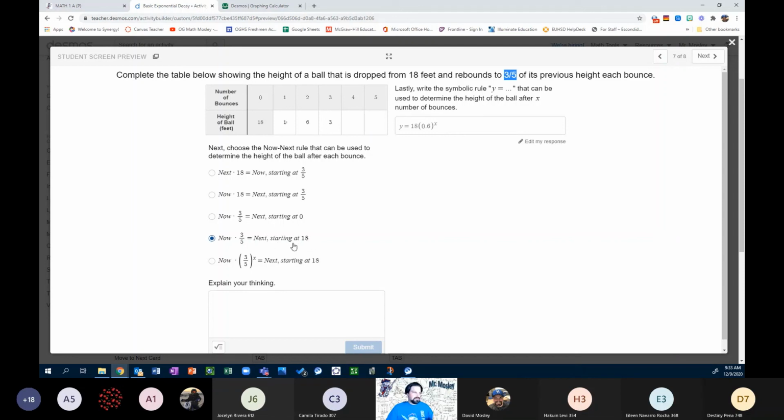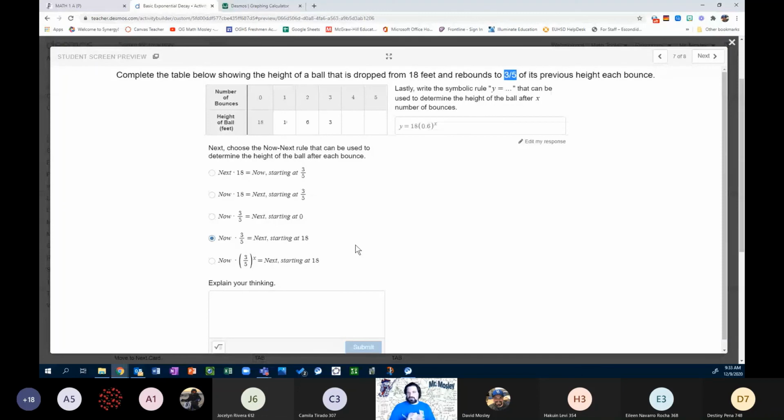And in a now next rule, we have to provide the starting point to the reader, so to say. They need to know which number is the first now number. In this case, the first number we use is 18. So that's the starting at number. Just like in a function rule, we need the start value and the rate of change.